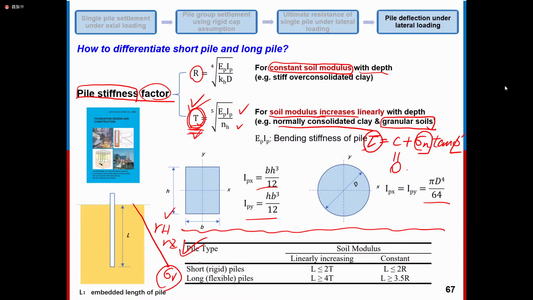Some students will ask, we discuss the short pile and the long pile. So what is the short pile? How to differentiate the short pile from the long pile? Here the design code gives you the criteria.